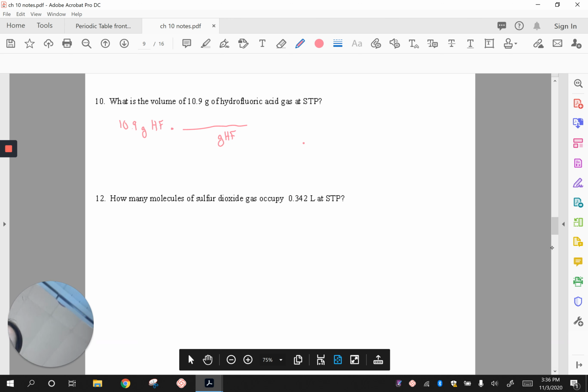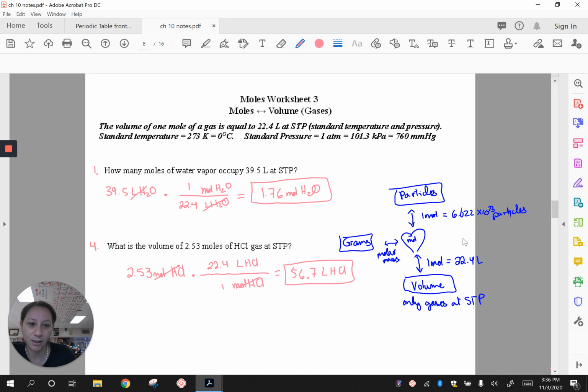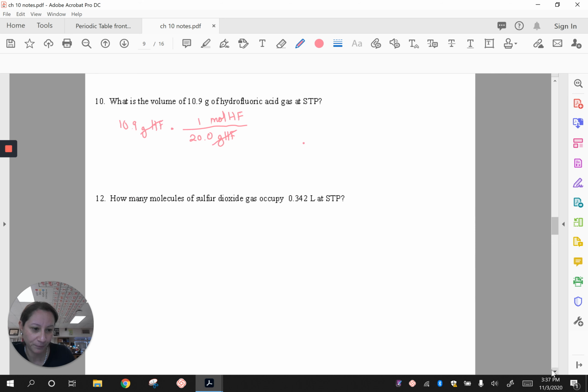So grams to moles, and I use my molar mass, 1 mole. To get my molar mass, I add up a hydrogen and a fluorine together, and that's about 20.0 grams. And that gets rid of my grams, so now I am at moles. So my second step here, now that I'm at moles, I can go now to volume using 1 mole is 22.4 liters.